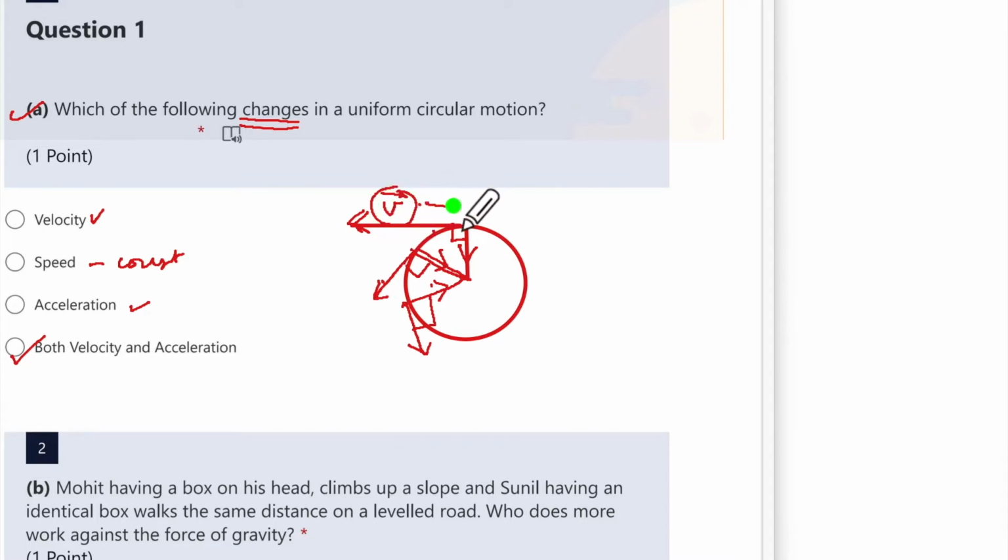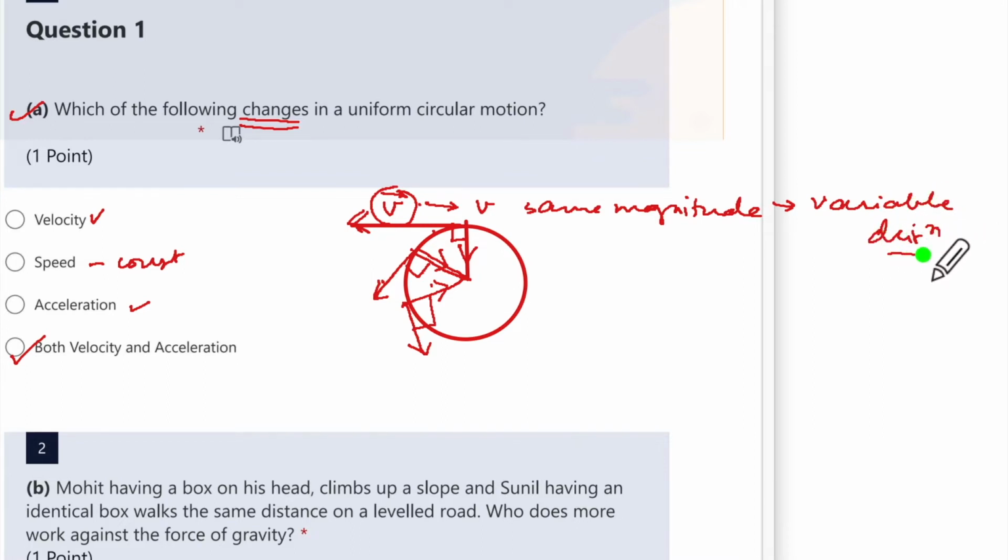Can you see that? So the velocity is having the same magnitude, but it is having different direction. So it becomes a variable velocity because it's got variable direction.